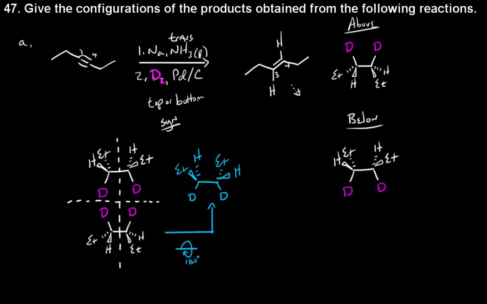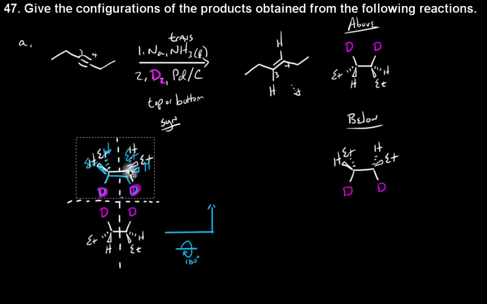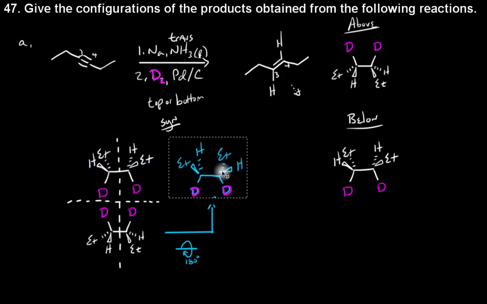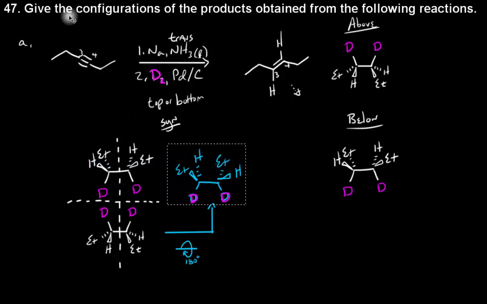So now if we try to compare and contrast directly, and let's make this guy pink. If I try to pick this guy up and move it to the other molecule, it looks like we have an ethyl and a hydrogen on the left-hand side trying to superimpose, which is impossible, and we have a hydrogen that's facing back trying to superimpose with the ethyl. So let me actually break this up a little bit, make it easier to see.